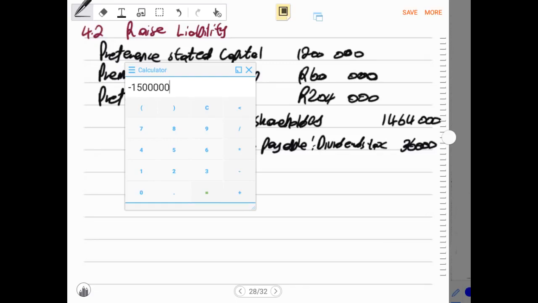So now let us check if the debit side also gives us the same amount. 1,464,000 plus 36,000. Then after we say 1,200,000 plus 60,000 plus 204,000.